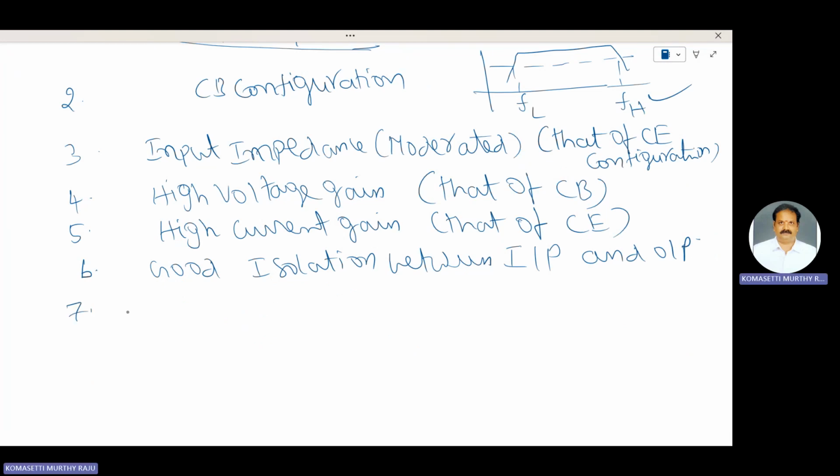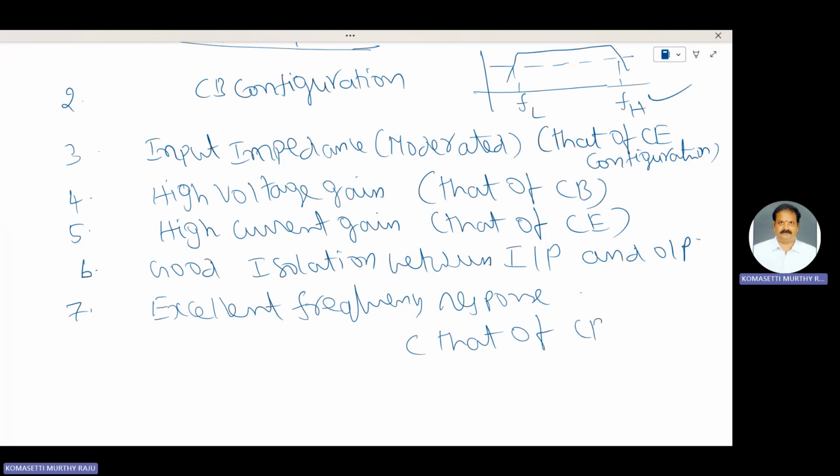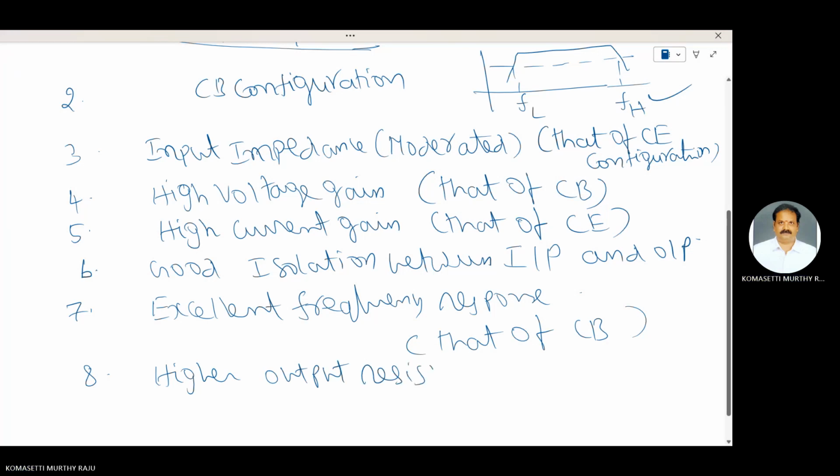The seventh one is excellent frequency response. Excellent frequency response is due to the top CB configuration, with higher output resistance.